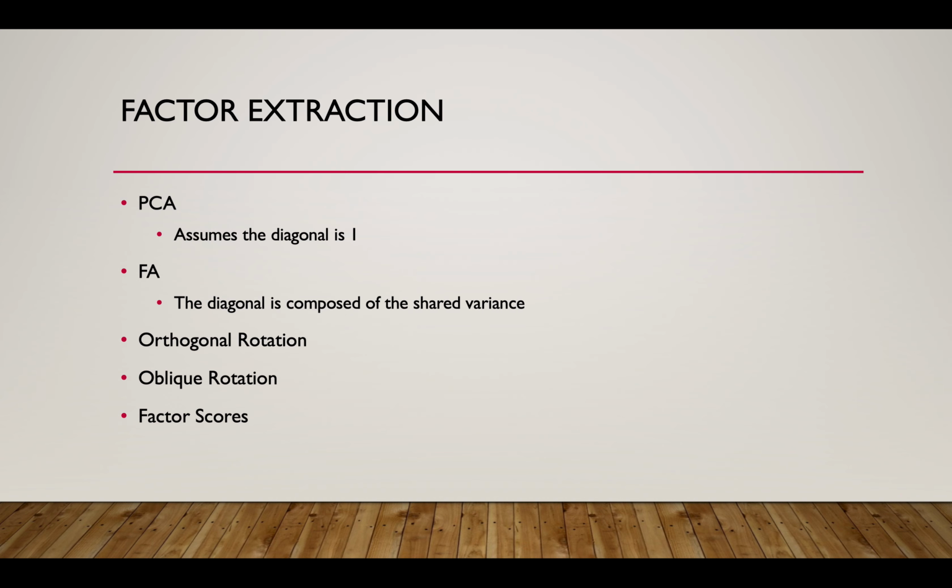Oblique rotation means that our factors are correlated. And after we do a factor analysis, we can request factor scores. You can use these factor scores as predictors in a model or for any other purpose. So you might have a very high factor score on one factor and a very low factor score on another factor. It is basically each individual's mean level of a given trait.